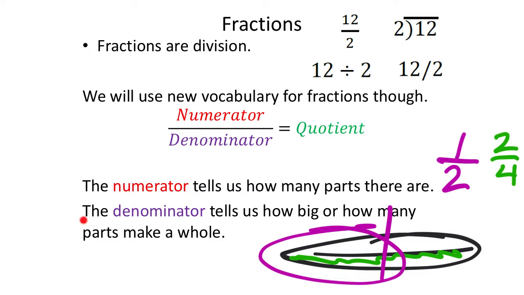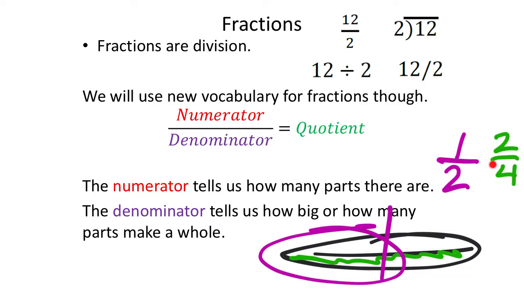So the denominator tells us how big the pieces are. So you could say if they're cut in 2 pieces, they're in halves, or fours and quarters. Those are 2 unique values, by the way, 2 and 4. I'm not familiar with thirds or fifths or sixths or anything beyond that having any unique wording that goes with it. But if you see 2 as a denominator, you can say that you're dealing in halves.